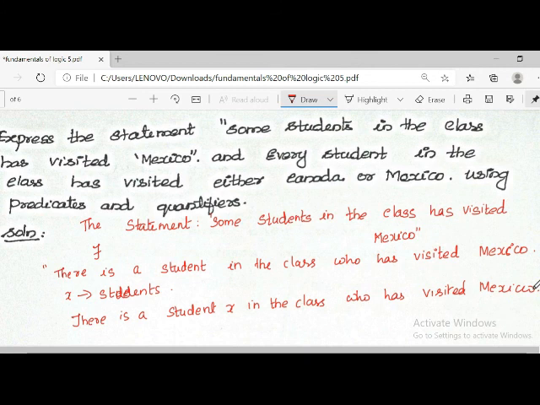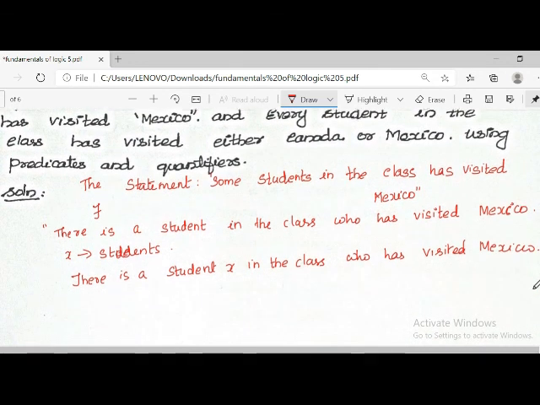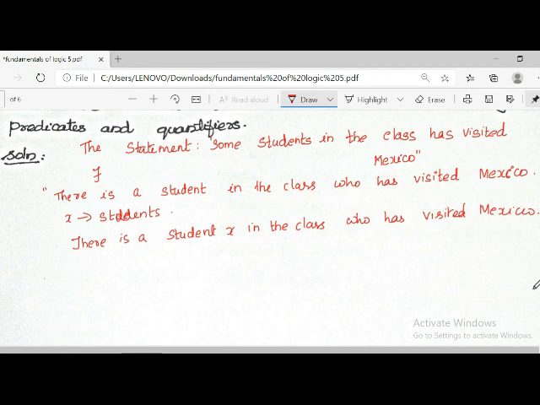Now let us introduce a predicate for Mexico. Let us denote this statement as m of x. Now listen here, we are going to convert this compound statement into simpler statements. So x denotes the student.